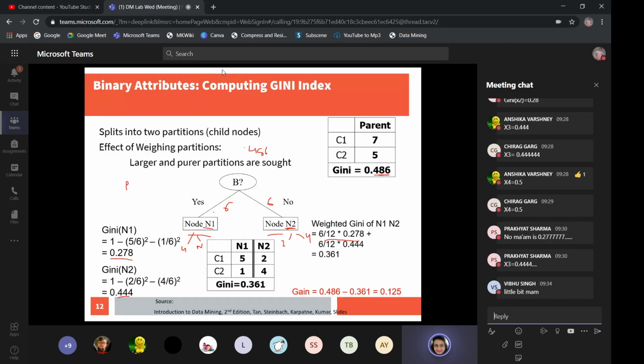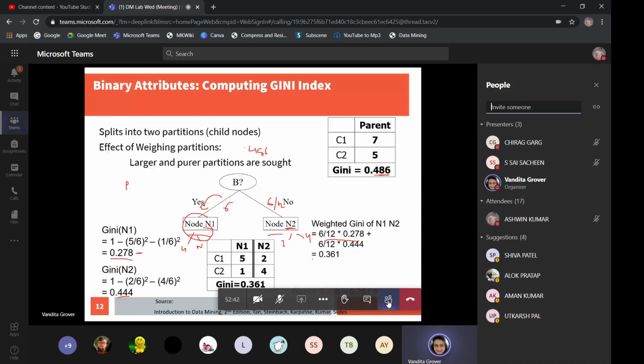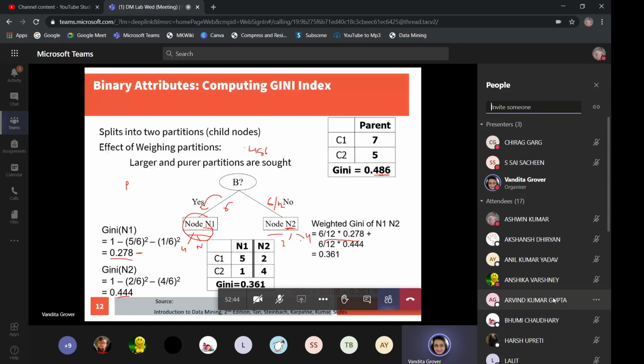the probability of coming on this side, which here is also 6 by 12, multiplied by the information from the other side, which is 0.444.